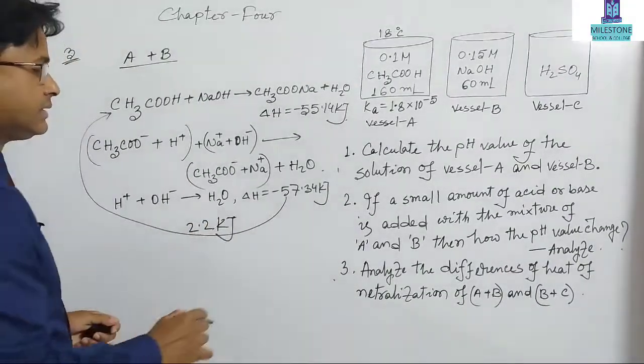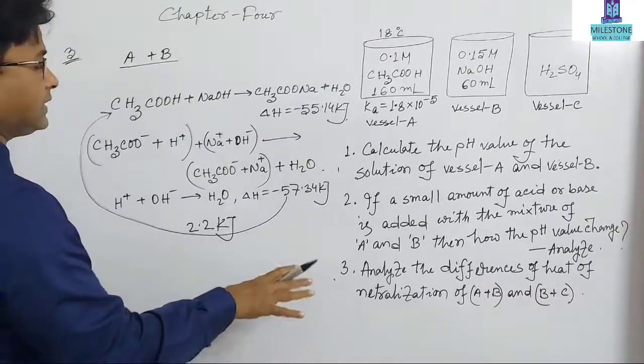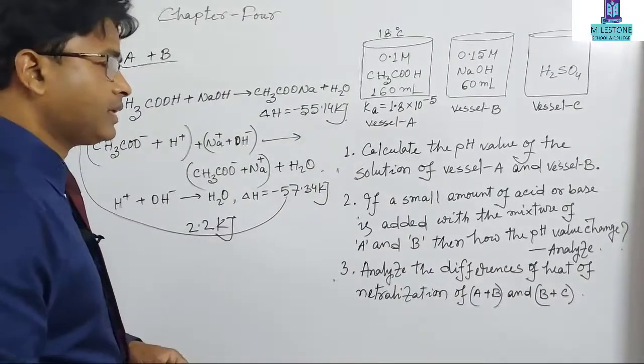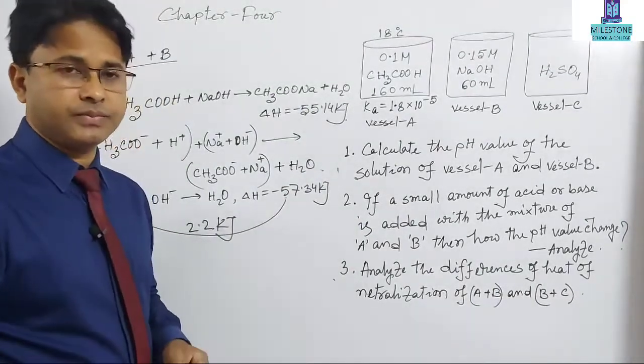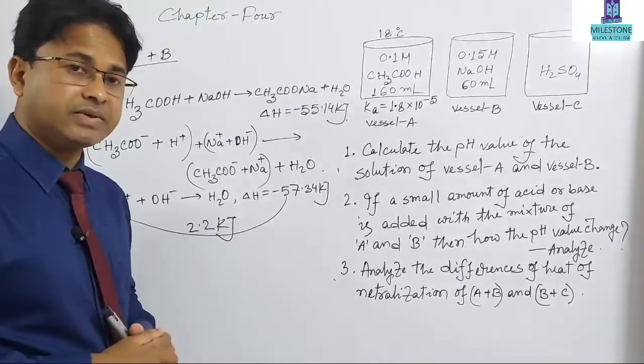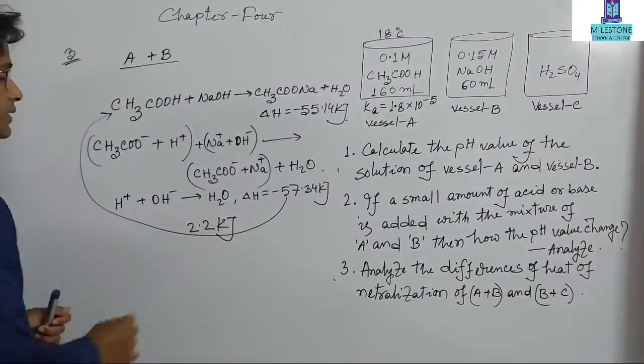As a result, the delta H value is decreased and becomes minus 55.14 kilojoule. It is noted that the heat of dissociation of ethanoic acid is 2.2 kilojoule.